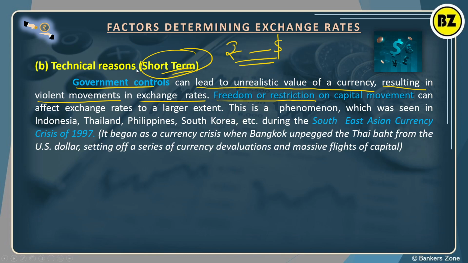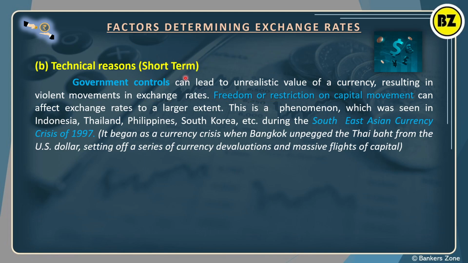So what do you mean by the technical reason? Understand here. These are the short-term reasons, the short-term factors. For example, suppose I have taken the example here of India. In India, the price of the Indian rupee is, suppose, 80 for $1. Now the Indian government suddenly announced that we are not allowing the price of the Indian rupee to increase further.